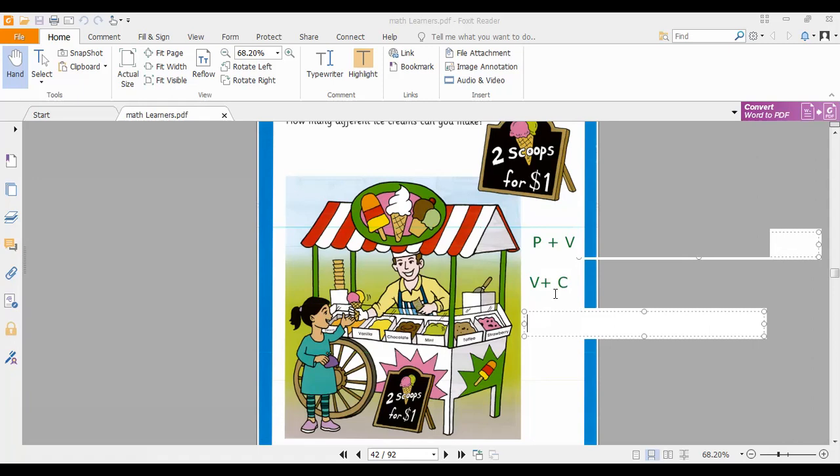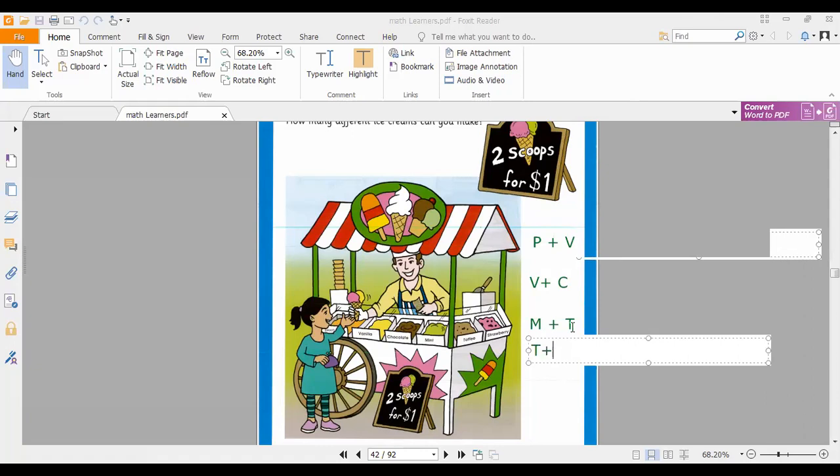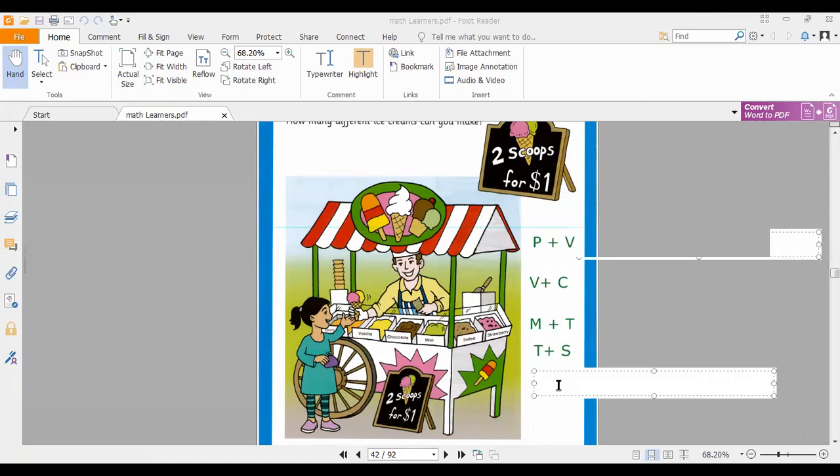Vanilla and chocolate, we have mint and toffee. Mint and toffee. And we can buy toffee and strawberry. Toffee and strawberry. We can also pair strawberry with peach.